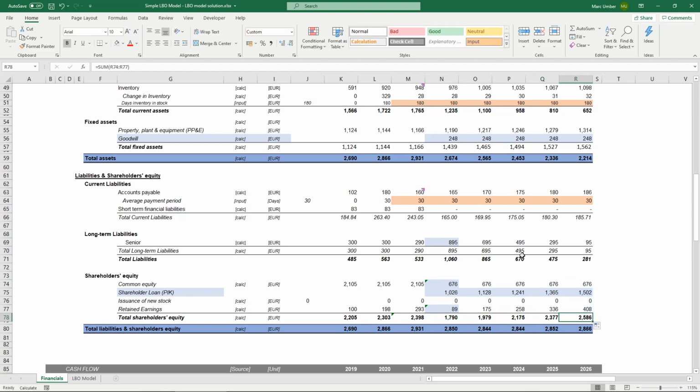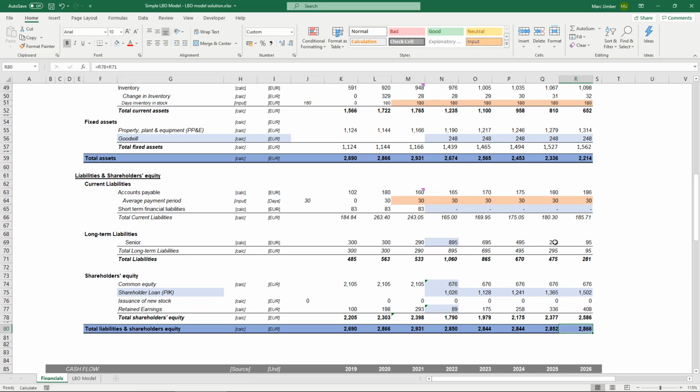Okay, so let's check the liabilities and equity side of the balance sheet. We do have the current liabilities. We reset the short-term liabilities to 0. Let's make that blue. We have the correct sum. We introduce new senior debt, which is paid down. Okay, the total liabilities, and we have as the total liabilities and shareholders' equity the sum.